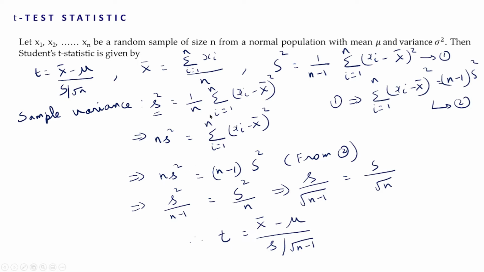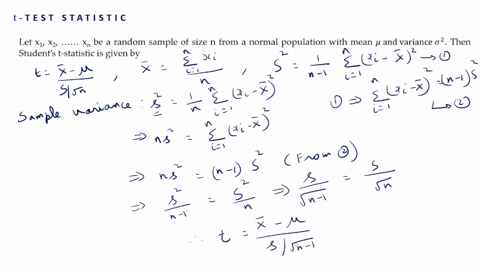If we are given summation i equal to 1 to n xi minus x bar the whole square, then we can use capital S square using this relation. On the other hand, if we are given the sample variance small s square, then we can use t as x bar minus mu upon small s, that is the sample standard deviation, upon root n minus 1. So here we have another relation for the t-test statistic.